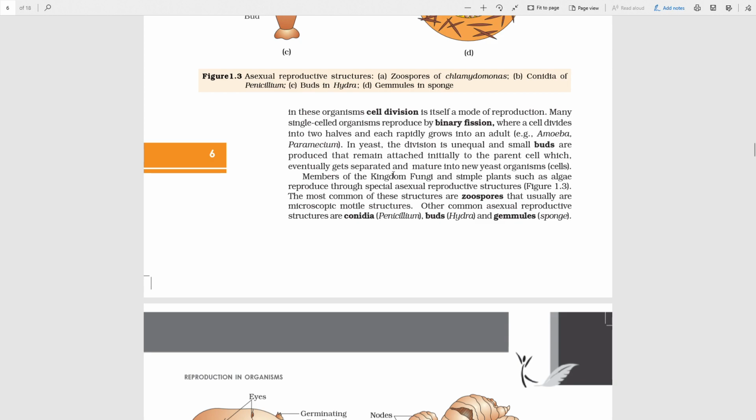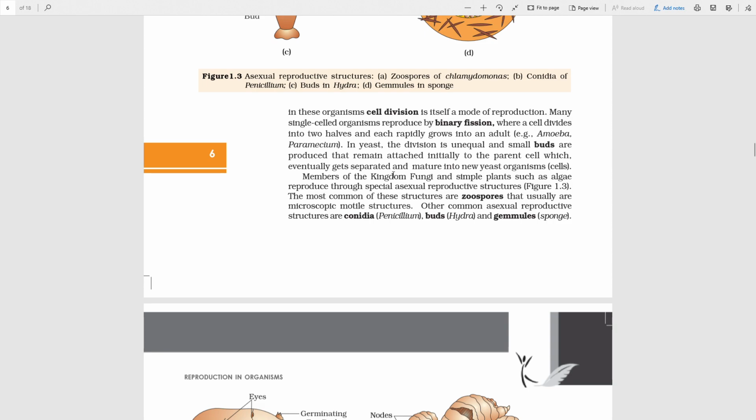Most members of the kingdom fungi and simple plants such as algae reproduce through special asexual reproductive structures. So in the kingdom fungi, we have Agaricus, which is commonly known as mushroom, or Aspergillus, and some plants such as algae, which belong to the thallophyta group.